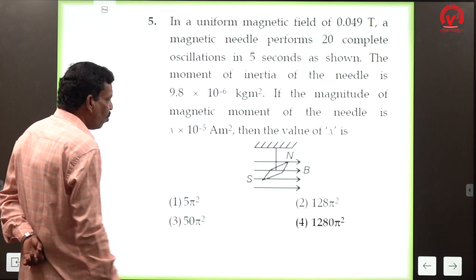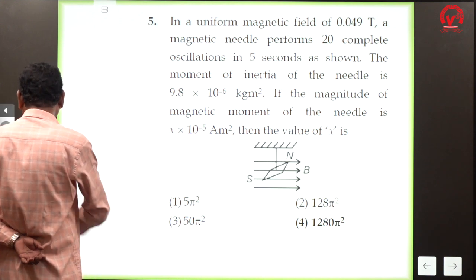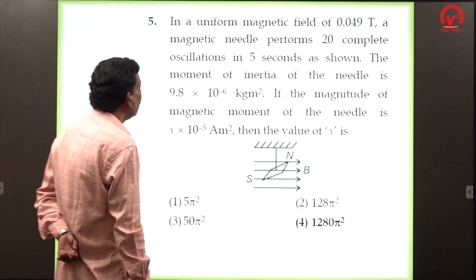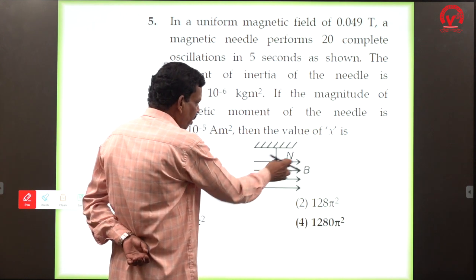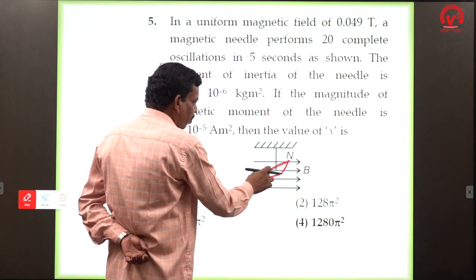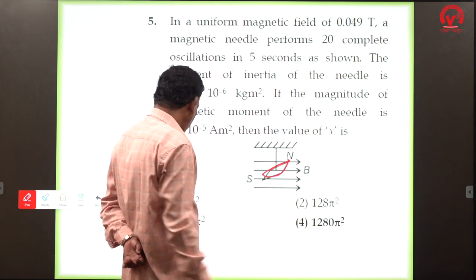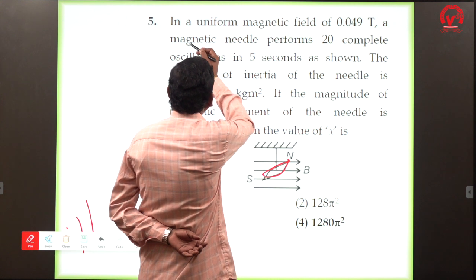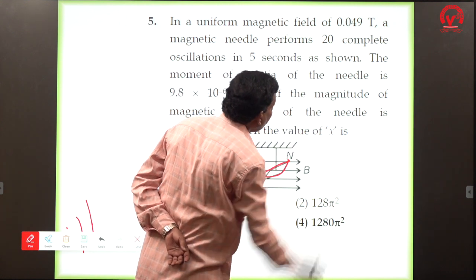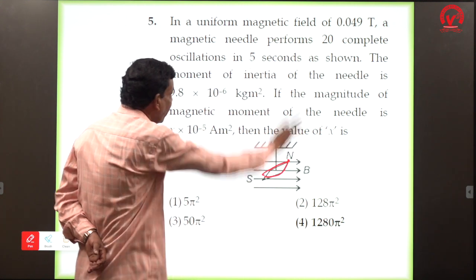Next, move on to question number 5. Here, a uniform magnetic field. They are given a uniform magnetic field. So it is the magnet, North Pole and South Pole. Now, a magnetic needle performs 20 complete oscillations in 5 seconds.